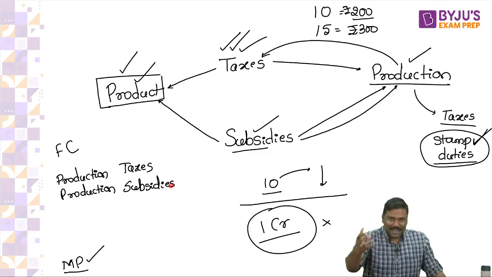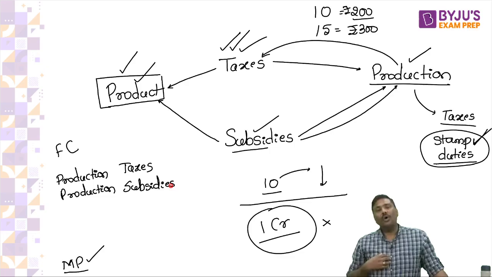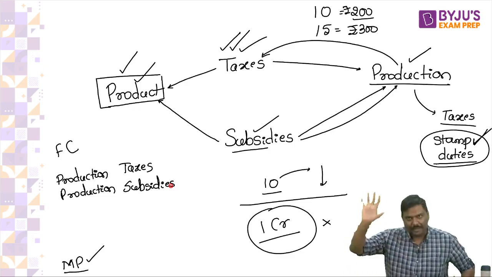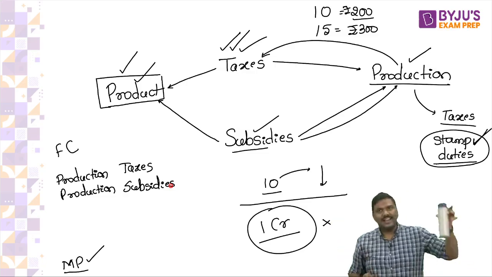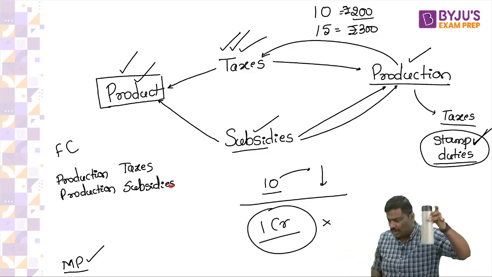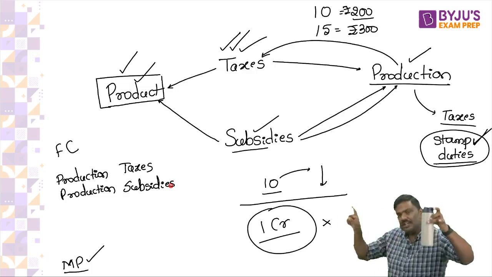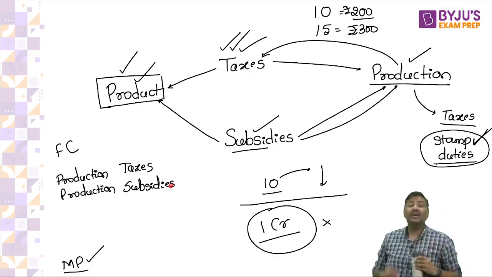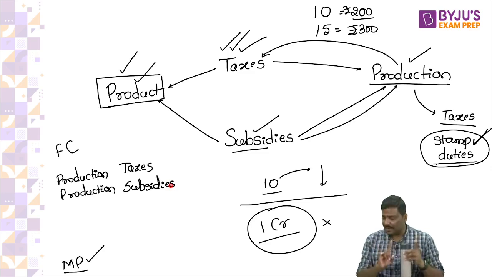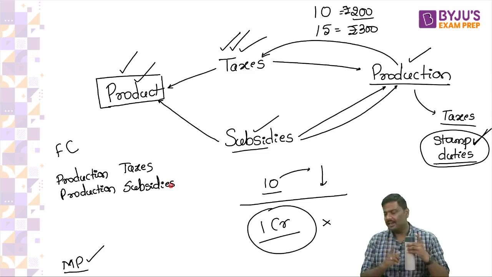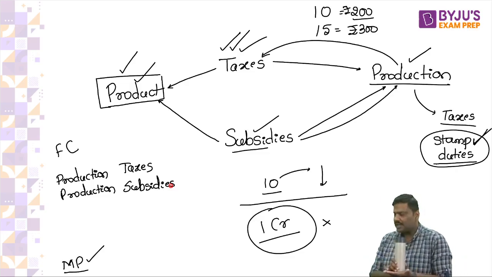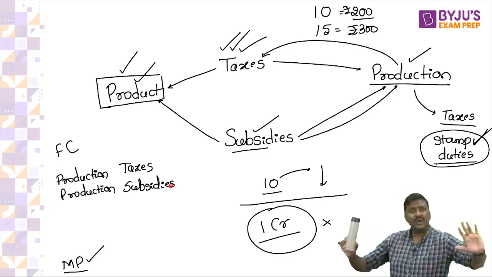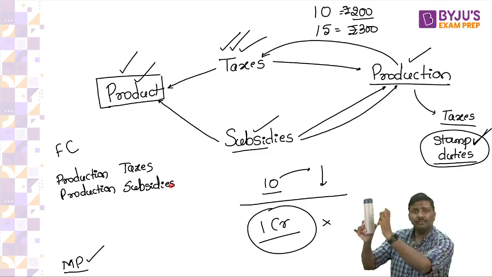As a manufacturer, whatever taxes you are going to pay, which are connected to production of the bottle, you will transfer it to consumers. Remember this. I'll repeat it again. As a manufacturer, whatever taxes you are going to pay related to bottle.